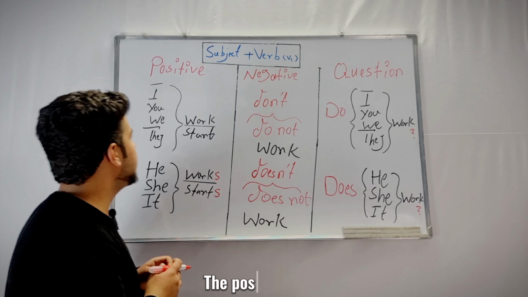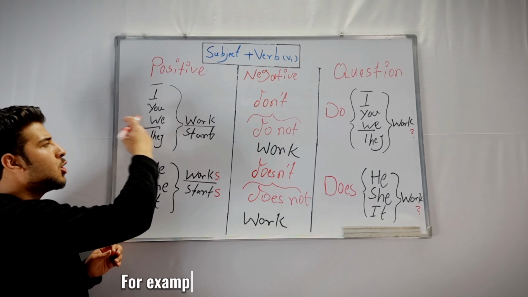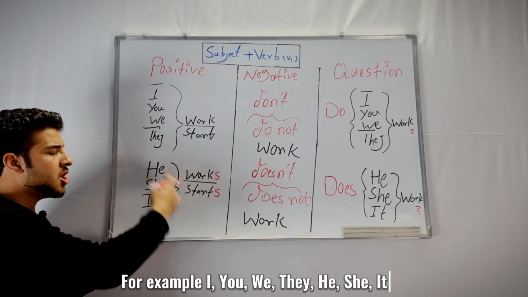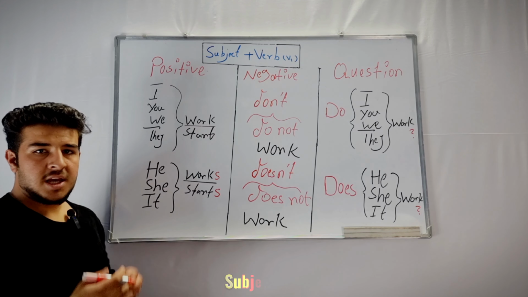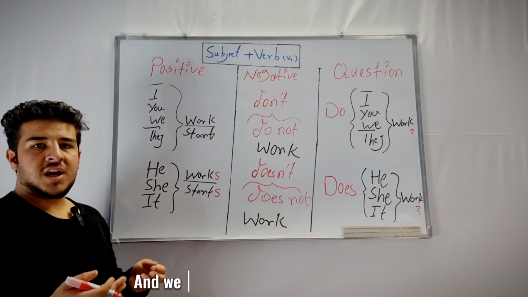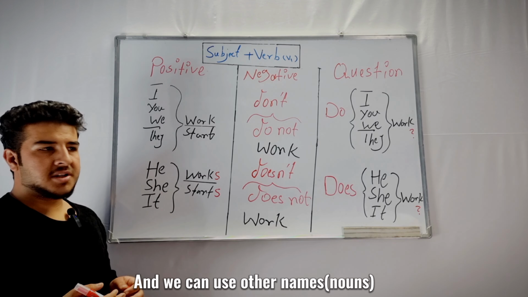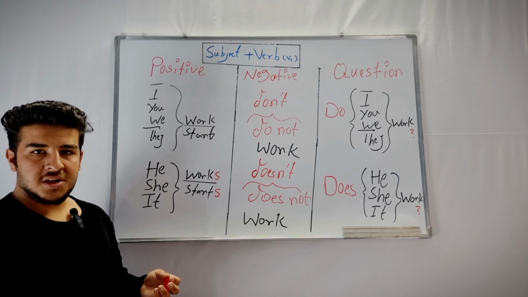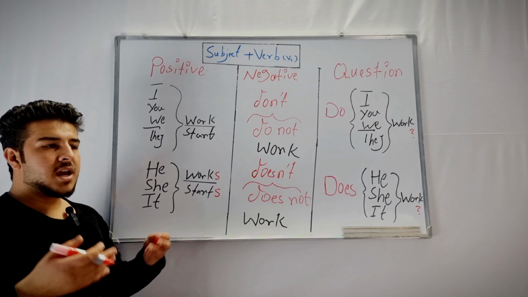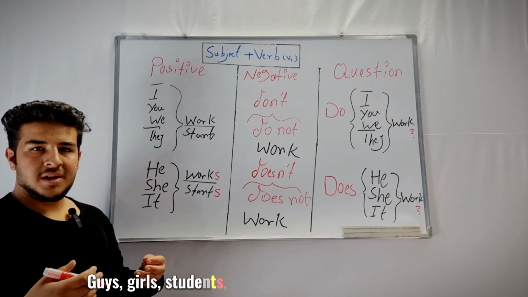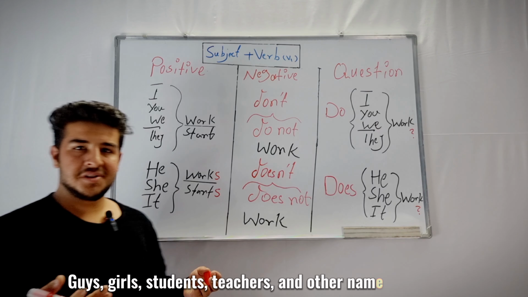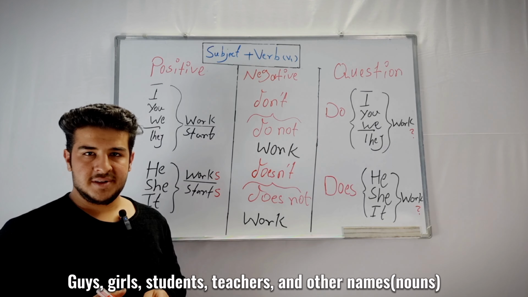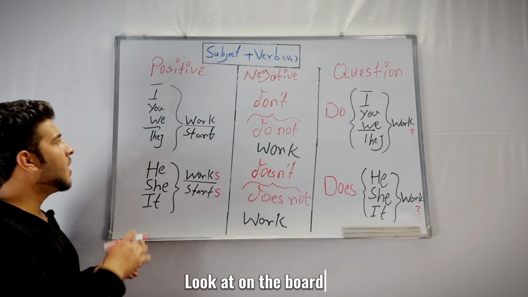And the positive form, for example, I, you, we, they, he, she, it, subject pronouns. And we can use other names, for example, Ahmad, America, New York City, and for plural, guys, girls, students, teachers, and other names. Look at the board.